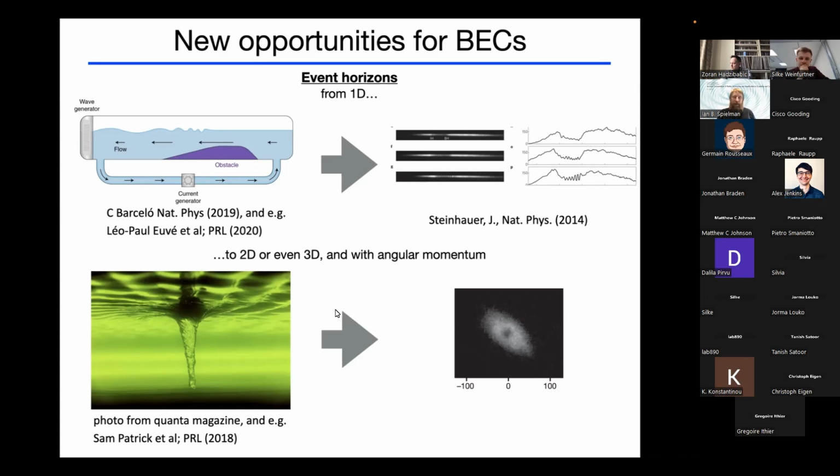But in our experiments, we obviously have two-dimensional systems, and I think we have some neat opportunities to continue this analog cosmology in the Bose gas in 2 dimensions. This is just a cartoon of a vortex I happened to have from the old days when I was making vortices, or even 3 dimensions, where we could basically poke a hole in the center of a 3D BEC and drain out atoms to have even closer analogies to 3-dimensional event horizon surfaces.